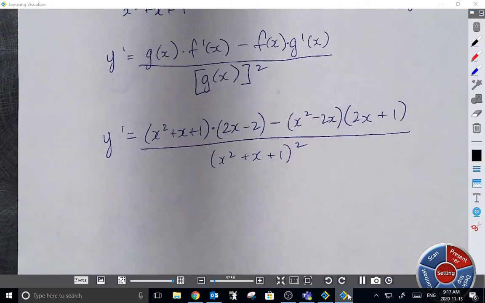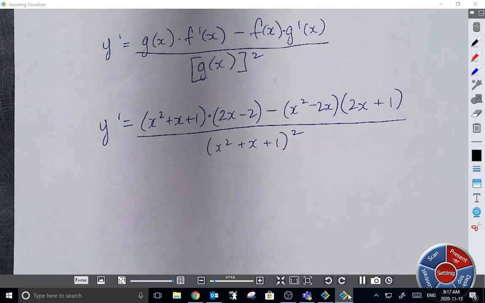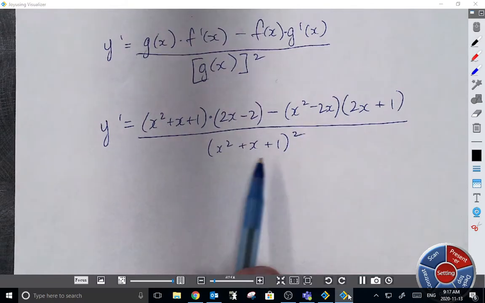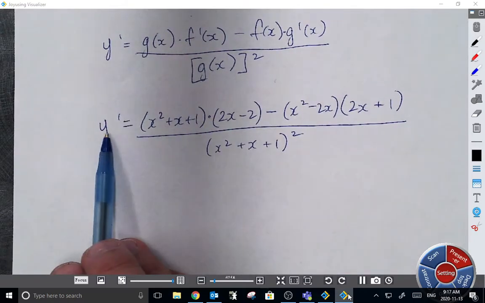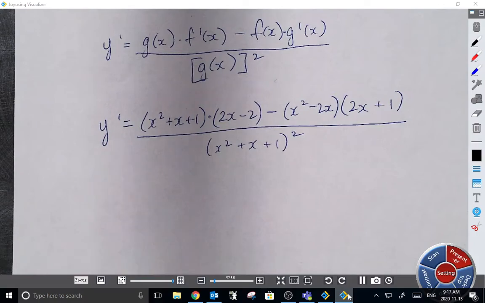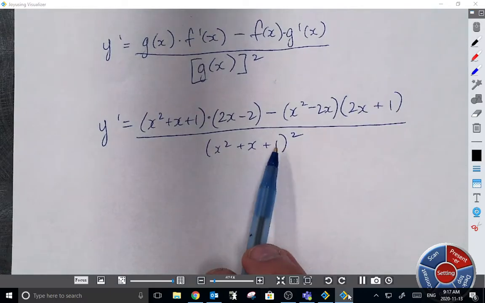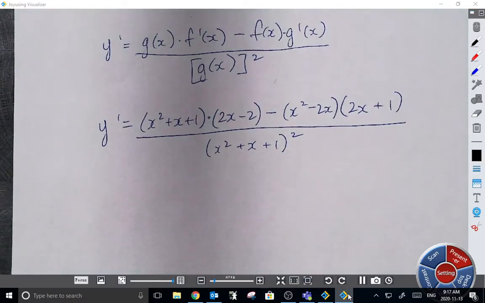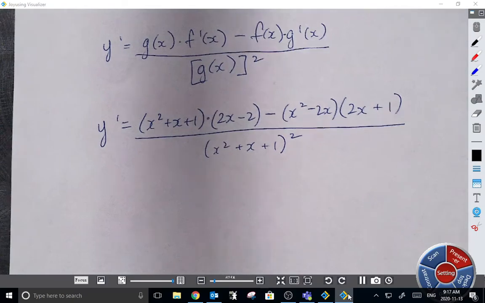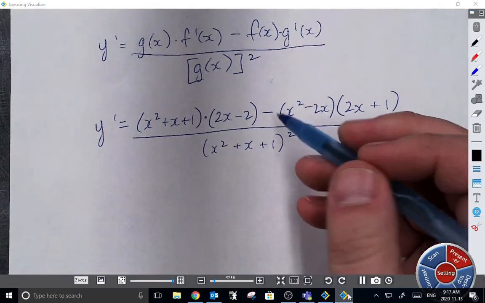This is a good place to think about what it is that we're doing here. Well, we are going to have to solve for x. We're looking for the x coordinates when this y primed, when this slope is 0. So keep in mind there's no point in expanding this denominator. I don't usually expand denominators when I do derivatives anyway, but in this case there's especially no point in doing it because I'm going to end up with a 0 here.